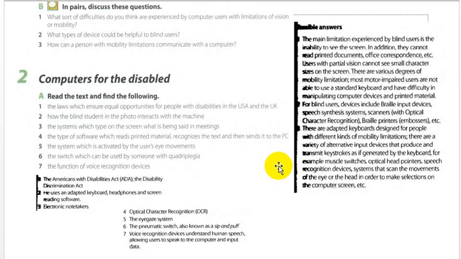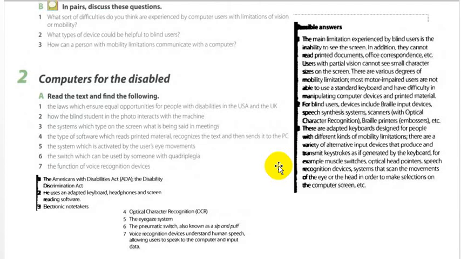The system which types on the screen what is being said in a meeting is called electronic notetakers. Number 4, the type of software which reads printed material, recognizes the text, and then sends it to the PC. That is called optical character recognition.